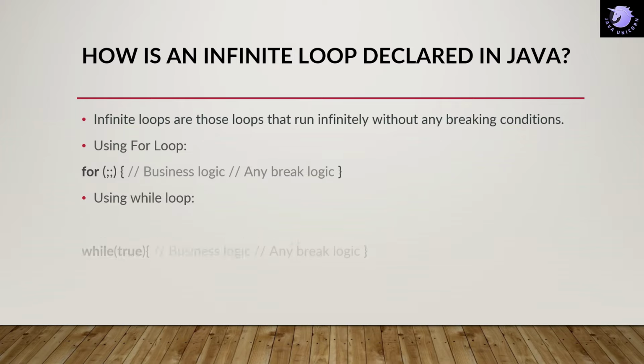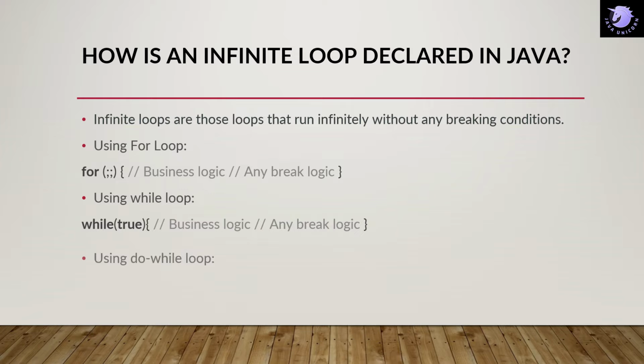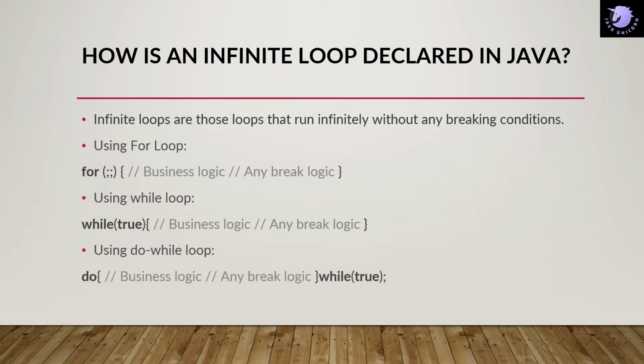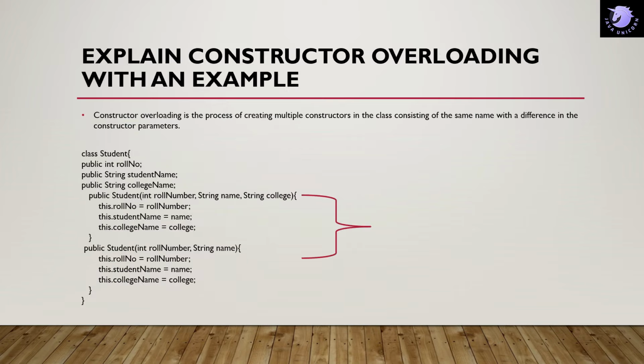Using a while loop, we can have while, and inside the parentheses we have true. In case of do while, we have do and the body of do, and at the end of the body we have while, and inside the while we have true as a value. So it will also be treated as an infinite loop.